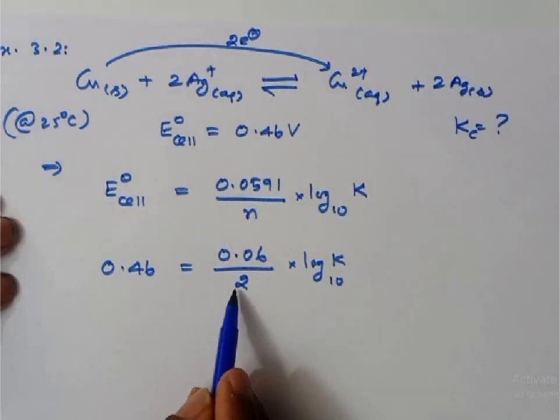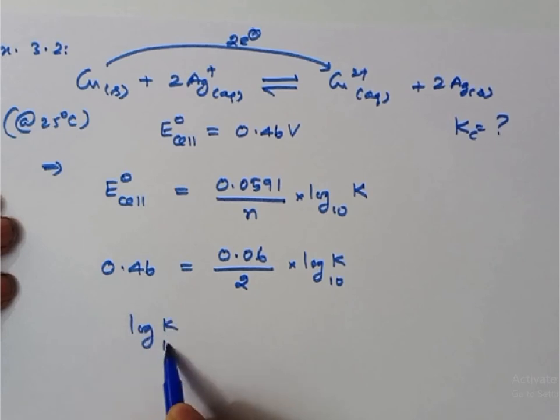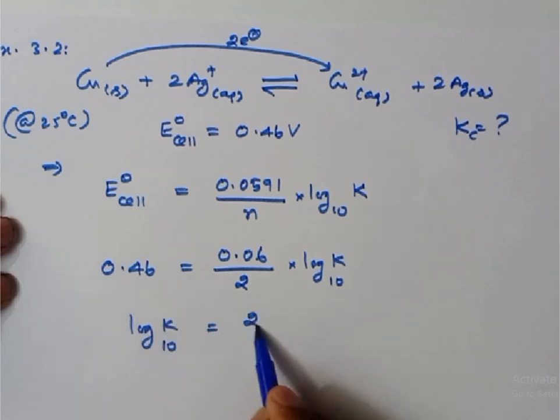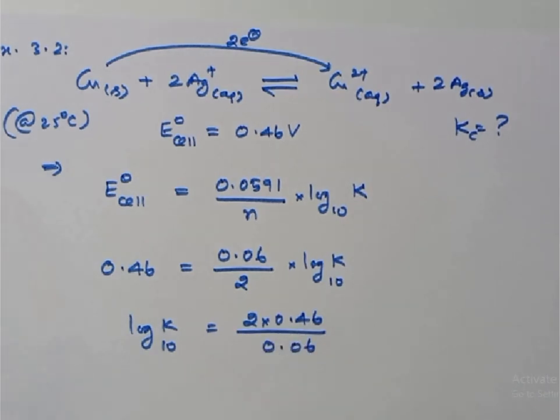If you multiply this by 2 and divide by 0.06, you get log K base 10 equal to 2 into 0.46 divided by 0.06. What's the value?